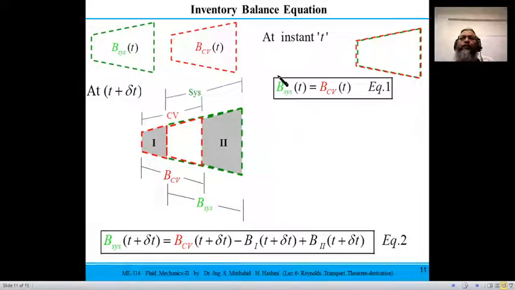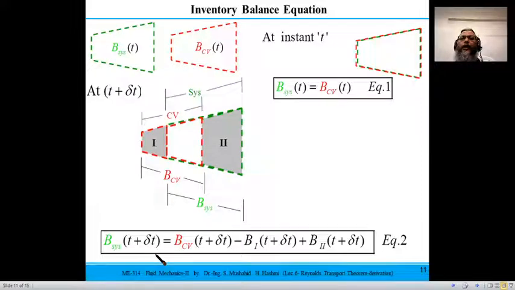So you understand the physics of equation number 1. What happens at time t? Control mass and control volume both overlap each other, so their extensive property remains the same. What will happen after delta t? Some new mass has entered and some mass has left the control volume.